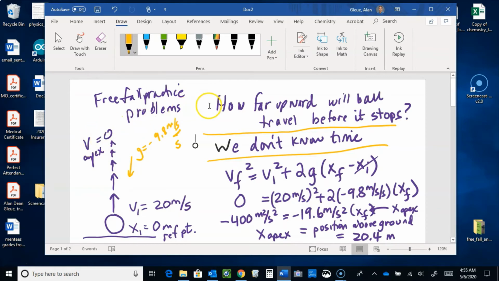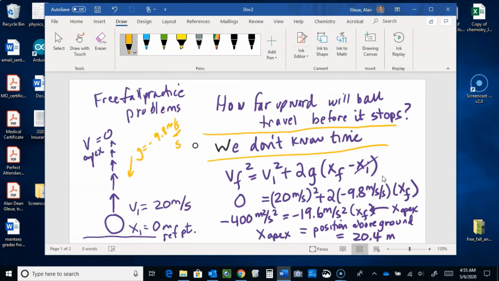So one of the questions we might ask is how far upward will the ball travel before it stops? Now notice here we don't have time. So this is a perfect time to use our timeless equation, vf squared equals vi squared plus 2g times our displacement. We know we're starting from the surface, which we're calling a reference point.